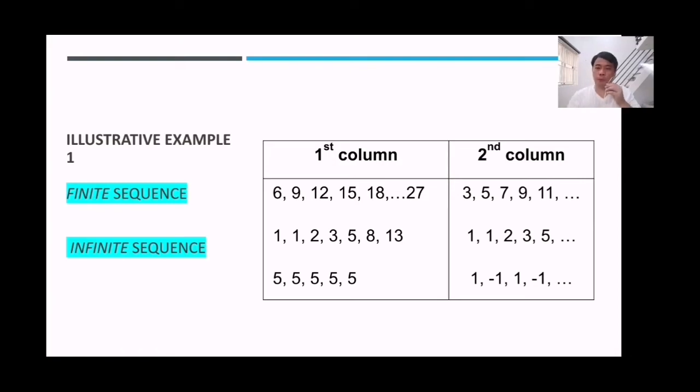I want you to come up with a definition out of this example. Which do you think represents the finite sequence? Is it the first column or the second column? Which do you think represents the infinite sequence? Is it the first column or the second column? Then afterwards, I want you to define and differentiate finite sequence and infinite sequence.